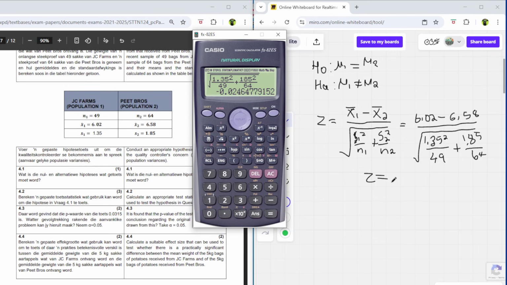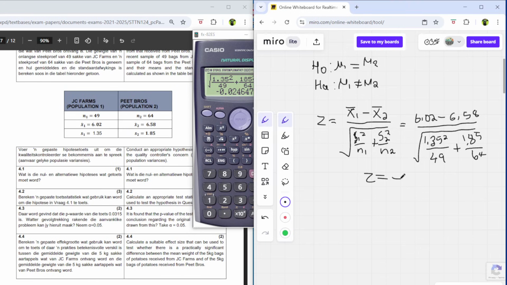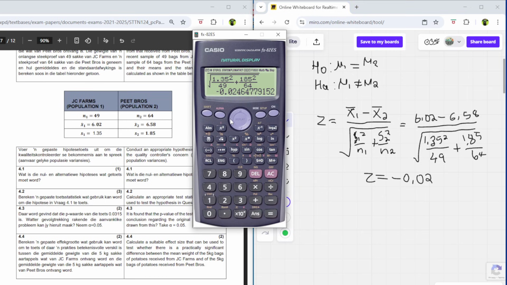Minus 0.02 is our Z score. Let me just double check. 6.02 minus 6.58.